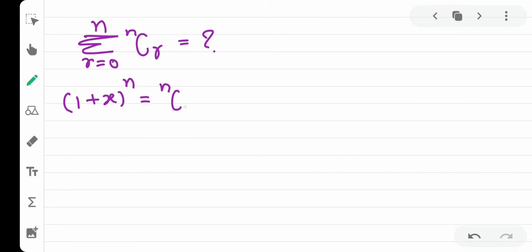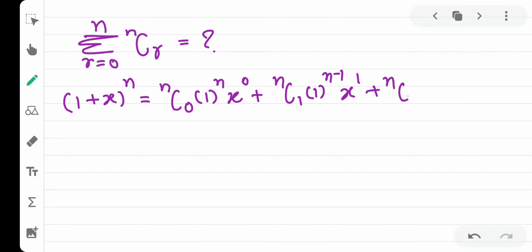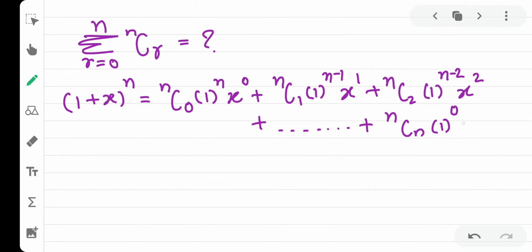It will just be nC0 1 raised to n and x raised to 0 plus nC1 1 raised to n minus 1 x raised to 1 plus nC2 1 raised to n minus 2 and x raised to 2, and this stuff goes on till the very end where we have nCn 1 raised to 0 and x raised to n.